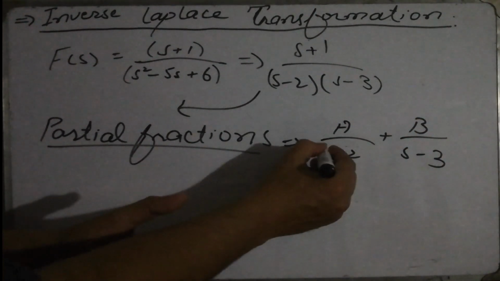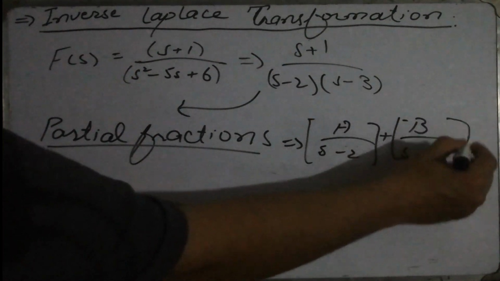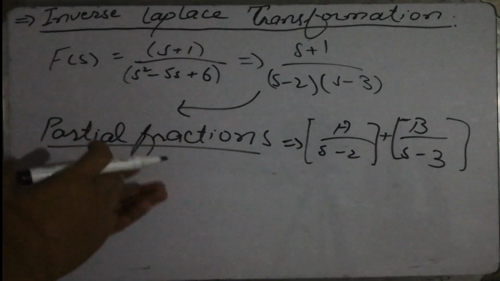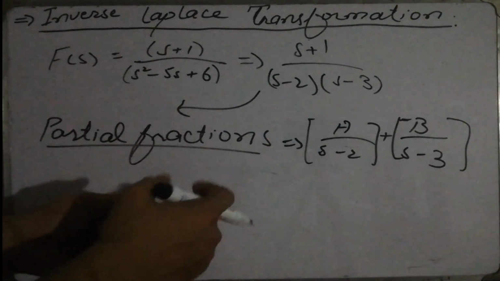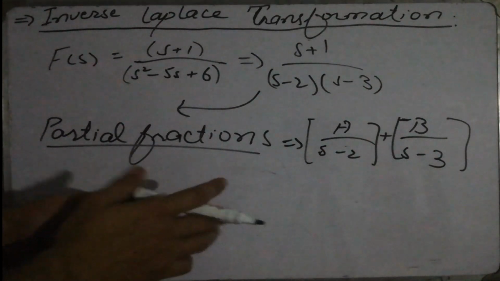Once we have our result in this form, we would be able to see the exact form in our table 2.1, and we can find out the Laplace inverse of each one separately.